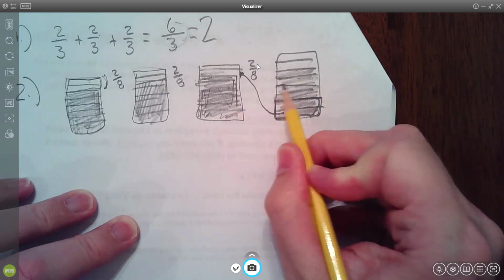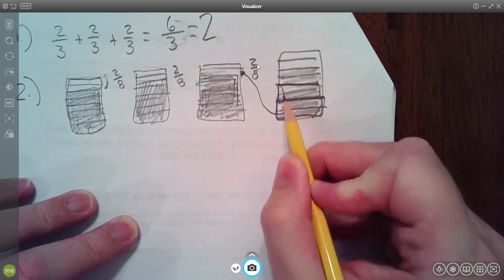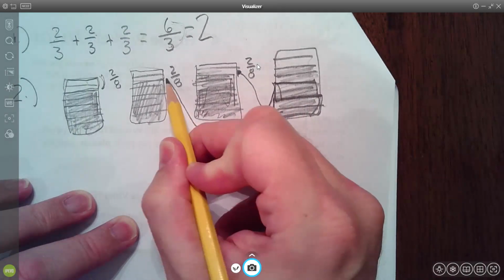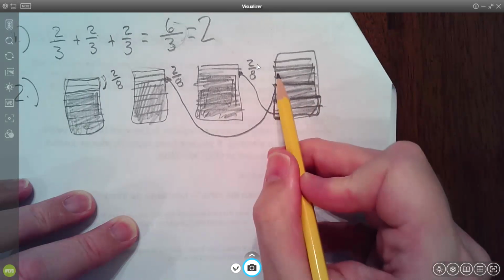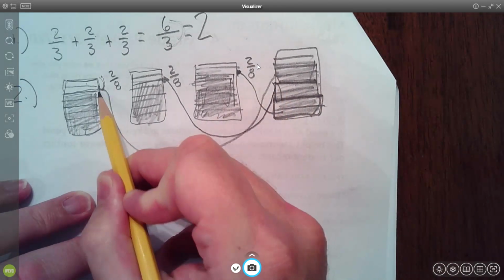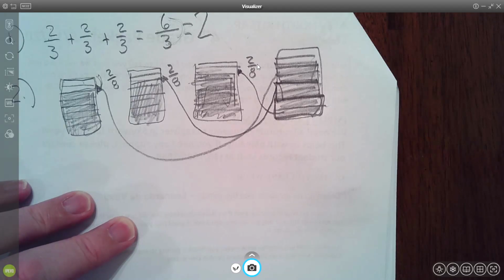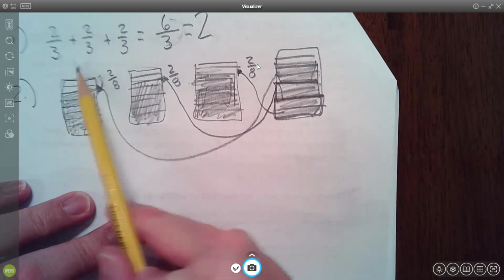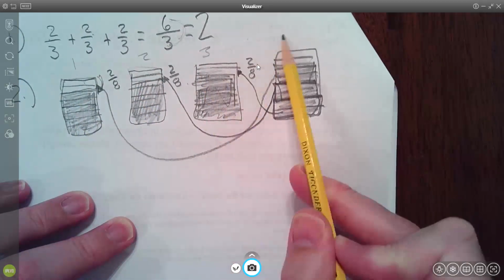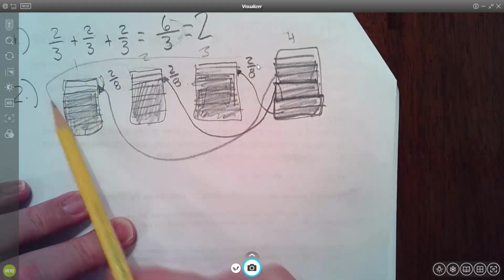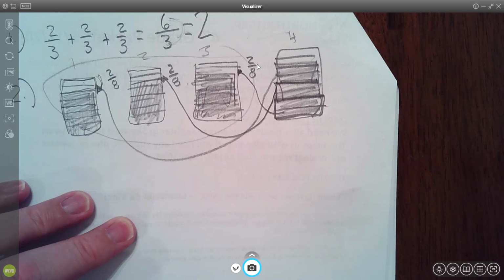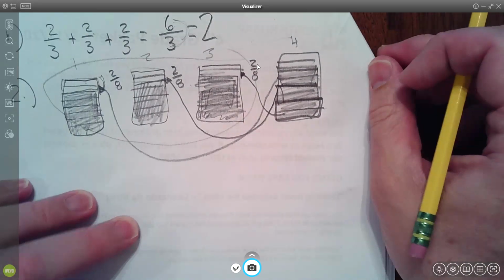He can take the next 2/8s and fill up the top of this bag. And then he's got 2 more 8ths right there, and he can use to fill up the top of that bag. So he has to buy 1, 2, 3, 4 bags before he can get 3 bags full. So his smallest amount of bags he can buy is going to be 4.